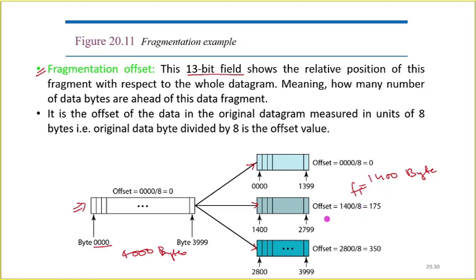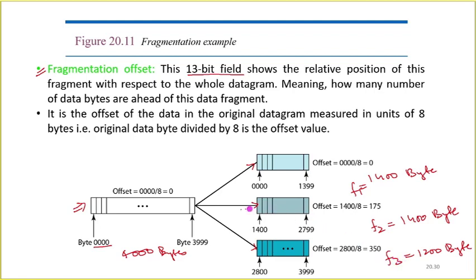The next fragment is again 1400 bytes. For the third fragment, out of the total 4000, 2800 bytes have already gone, so 1200 bytes will be available in fragment 3.